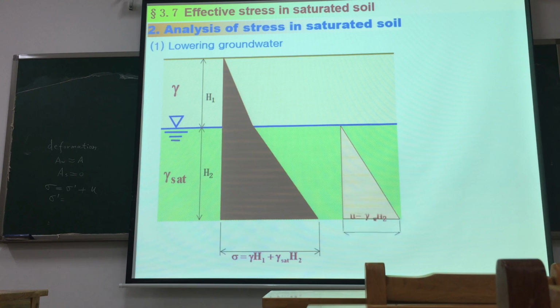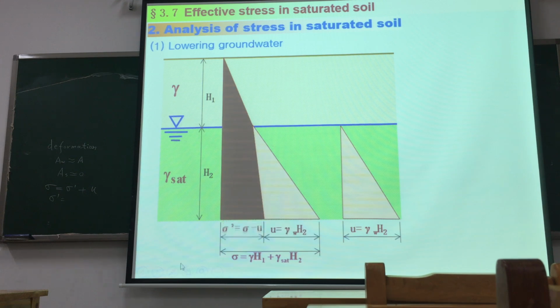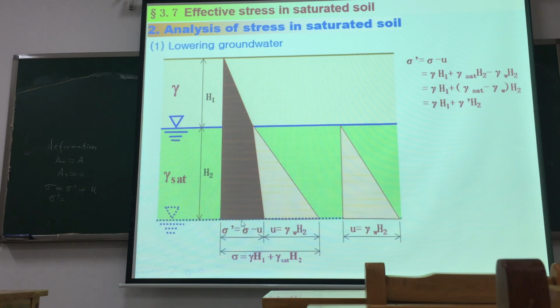Like this, the original groundwater level decreases to this location. And the effective overburden pressure for the original groundwater level equals this value.